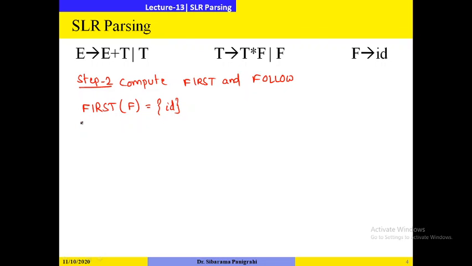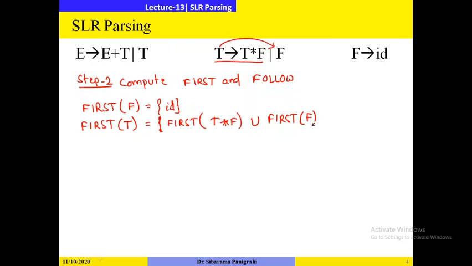Next we will compute the first of T. While computing first of T, we have to look at the productions whose left hand side contains T. There are two productions: one is T gives T star F, another one is T gives F. So first of T is first of T star F union first of F. In first of T star F you will get first of T. Here we are computing the first of T, so we will simply ignore it.